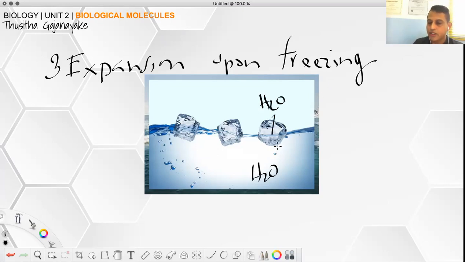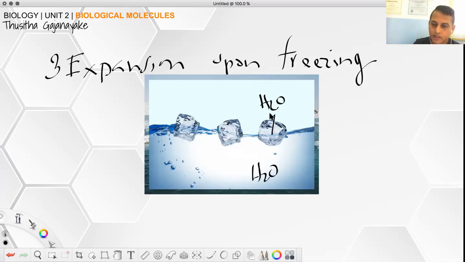Then by looking at this picture, your conclusion is the ice is not heavy, because we know heavy things go down, or maybe stay in the middle, and if it is lighter, then it's floating. Then the ice is not heavier than the water. Why is this important?